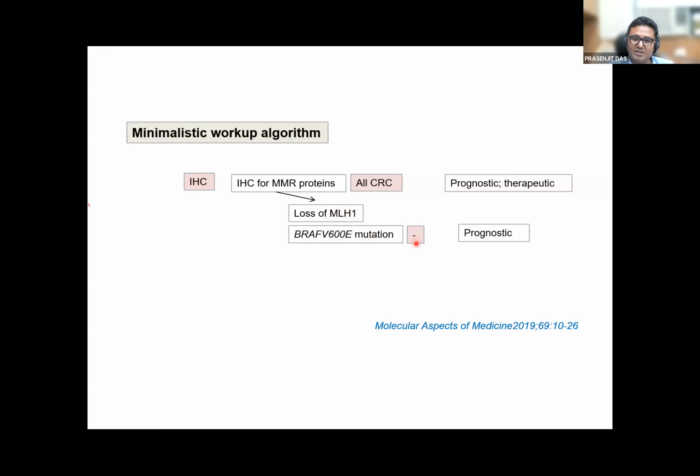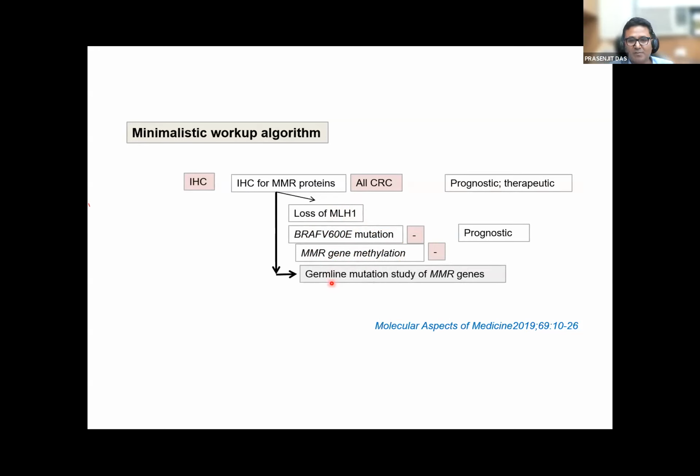If mutation is not present, next you have to see if there is MMR gene methylation, because I told you there can be only two mechanisms of loss of MMR protein. There can be germline mutation, or there can be methylation. If methylation is not present, then only you can go for next gen sequencing to look for germline mutation in the MLH1 gene.